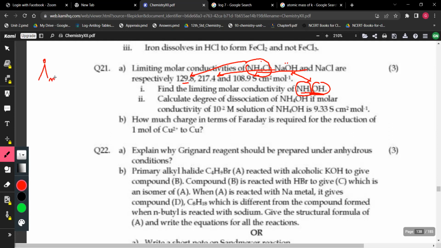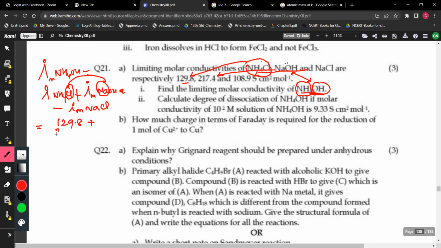So lambda naught m of NH4OH is equal to lambda naught m of the cation-containing electrolyte, plus lambda naught m of the anion-containing electrolyte, minus what new ions did we add here, apart from this? Cl and Na. The electrolyte containing these two is this one. That value is subtracted. Minus lambda naught m of NaCl. What do you get? Add these two.